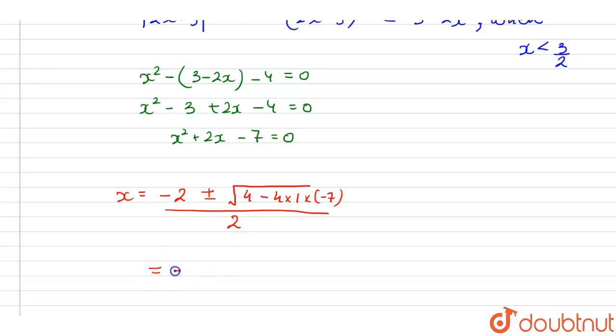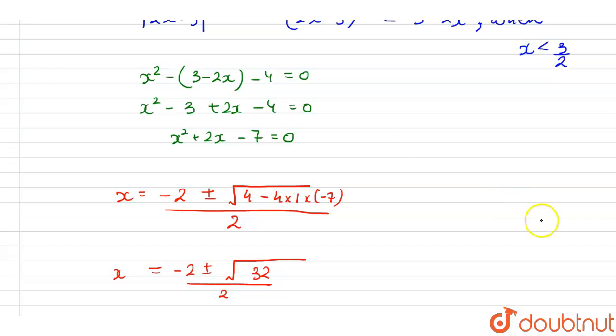If we simplify, this will be minus 2 plus or minus under root of 4 plus 28, that will be under root 32, divided by 2.